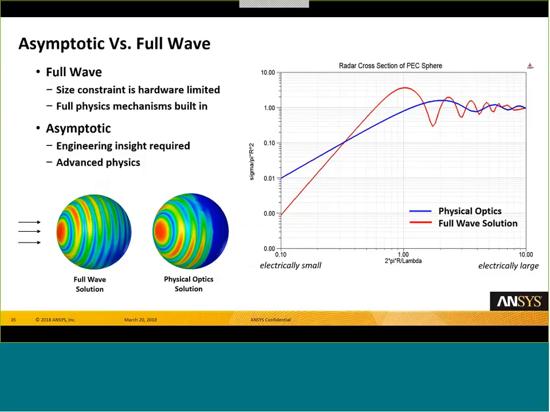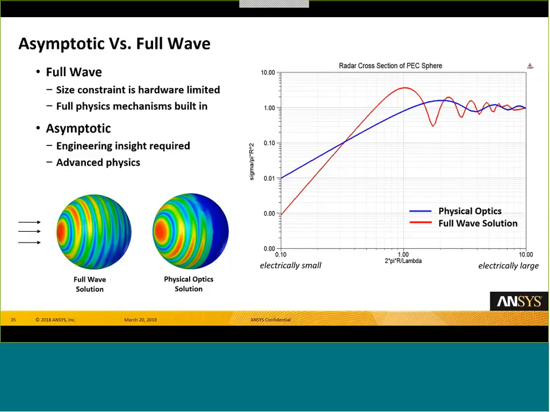There's a really good example that demonstrates both of these points just by considering a metallic sphere that's illuminated by a plane wave. If you look at the image in the bottom left corner, it's the exact same model showing surface currents produced in a full wave version of that simulation and a physical optics version of that simulation.